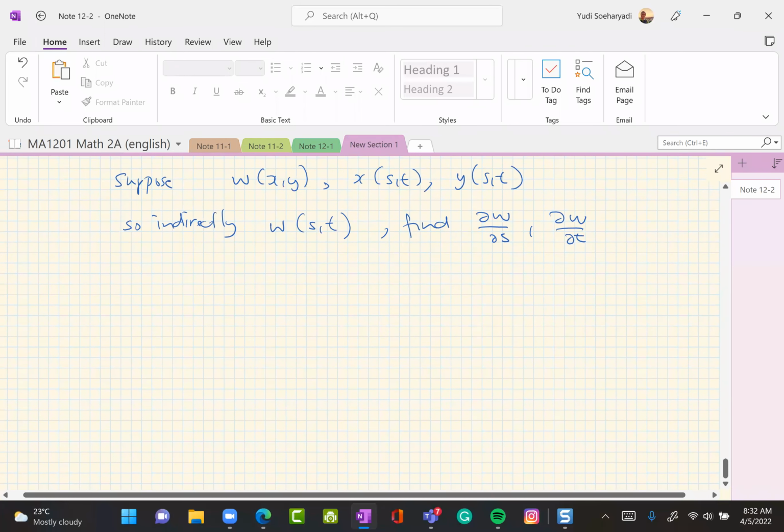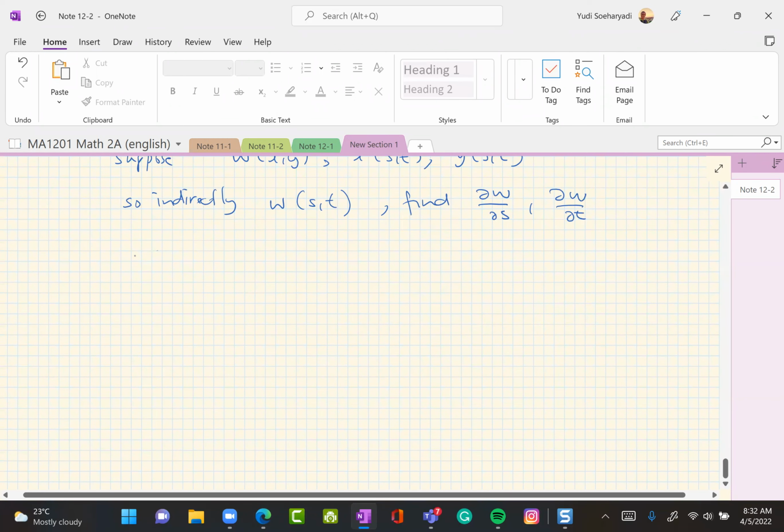Now schematically, we have something like this, a diagram. W is a function of x and y, and x and y are each functions of s and t.